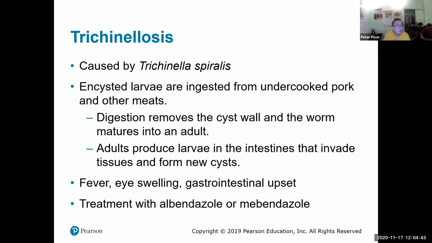Trichinosis. This one you definitely do need to know. This is why you do not eat rare pork. You can eat rare steak. You can sort of eat rare chicken, though not that you should.